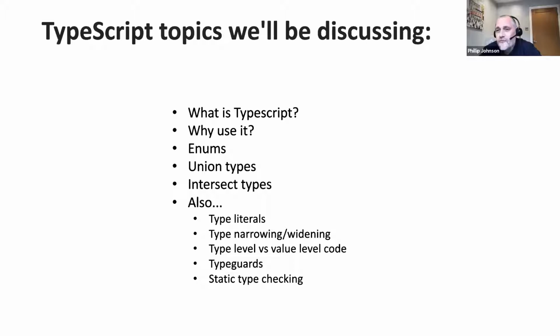From enums, we'll move on to a couple of, it feels like, more advanced types: union types and intersect types. I do a lot of recruiting in my current role and some of my previous roles. One of the things that spurred me on to do a session on union and intersect types is that when it comes to interview questions about React, these seem to be a couple of types that aren't very well known about.